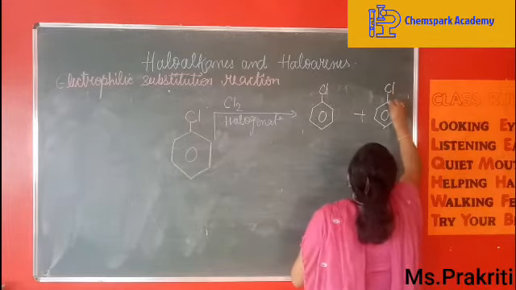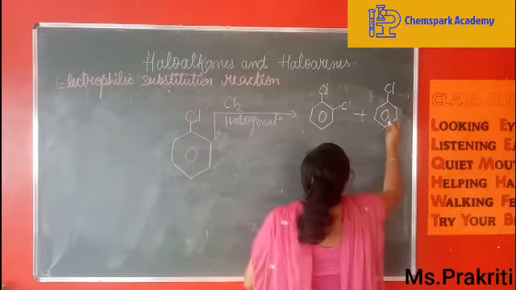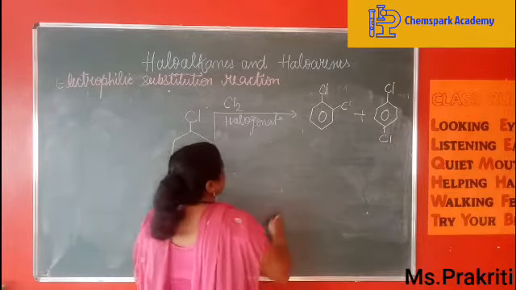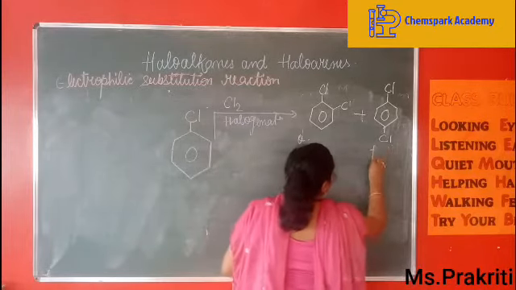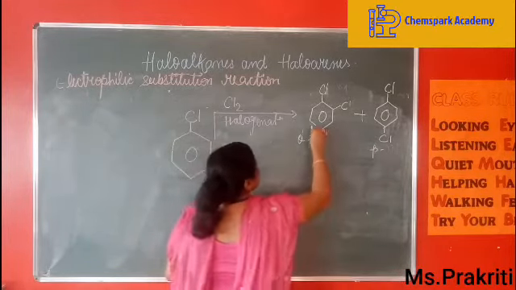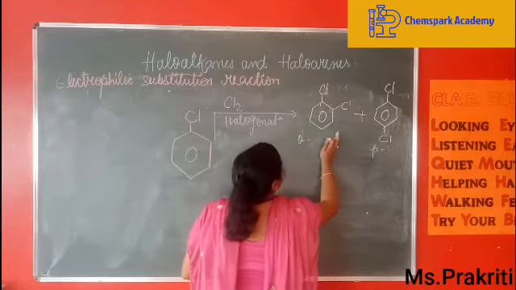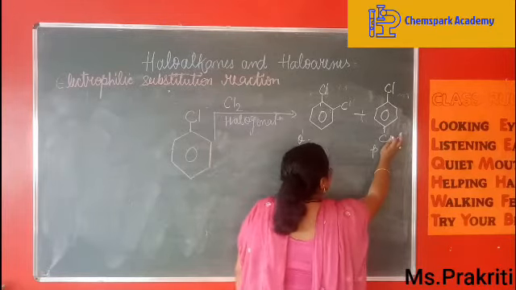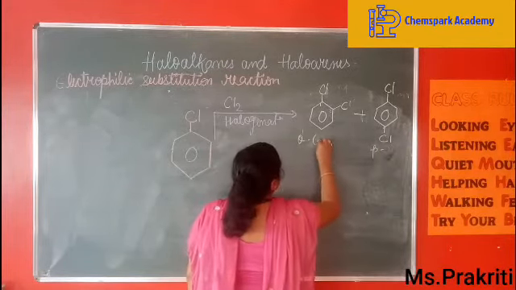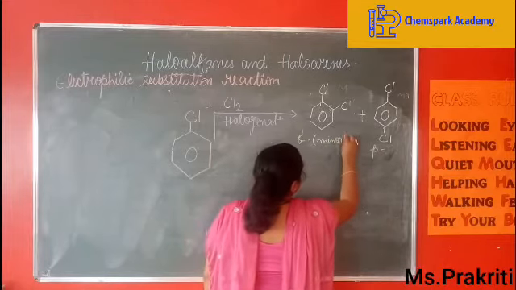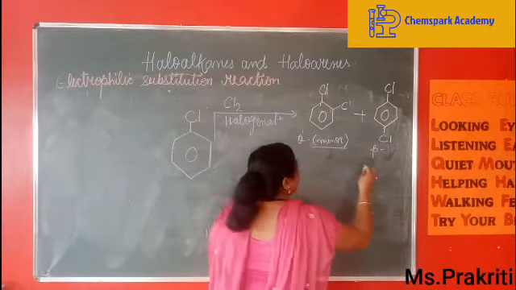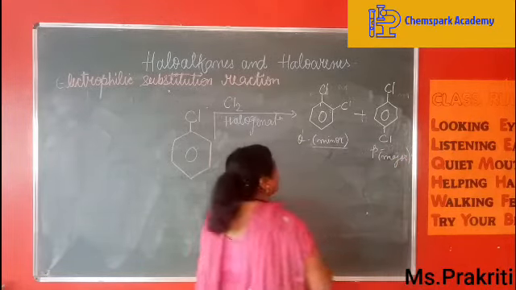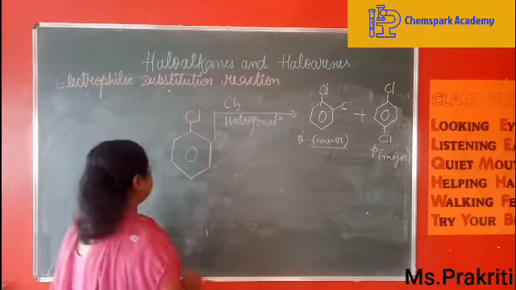Okay, so one will be ortho substituted and one will be the para substituted. This is the ortho substituted, this is the para substituted. This is 1,2 dichlorobenzene, this is 1,4 dichlorobenzene. The ortho product is minor, that it will be formed in small quantity, and the para product is major product, that is it will be formed in a large quantity.